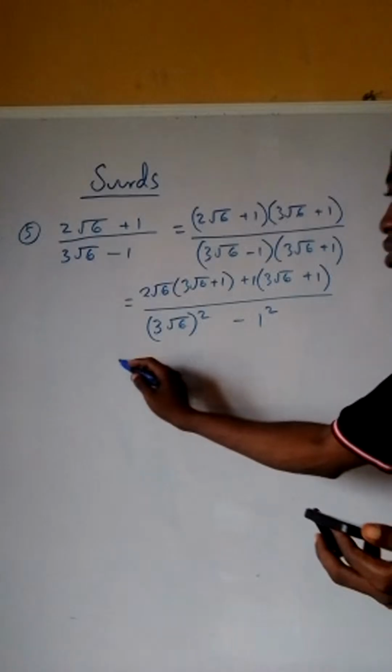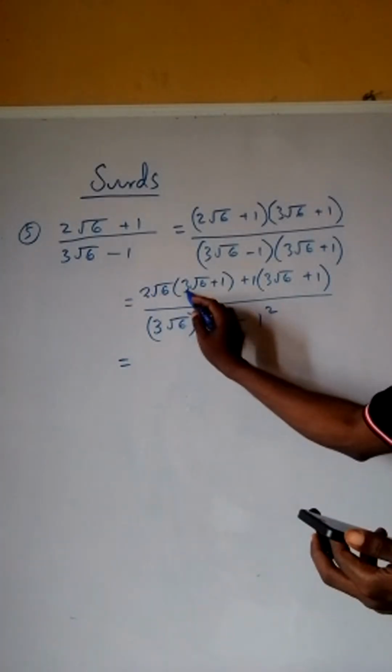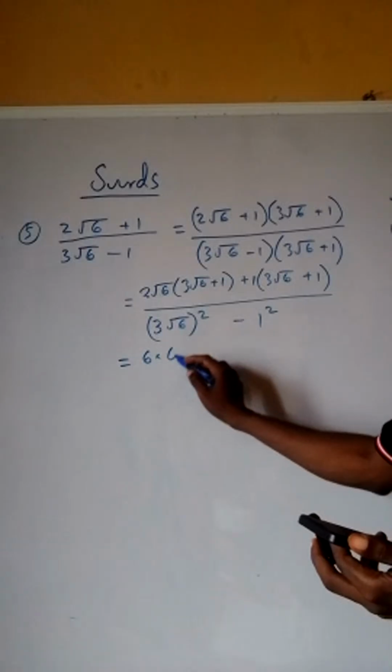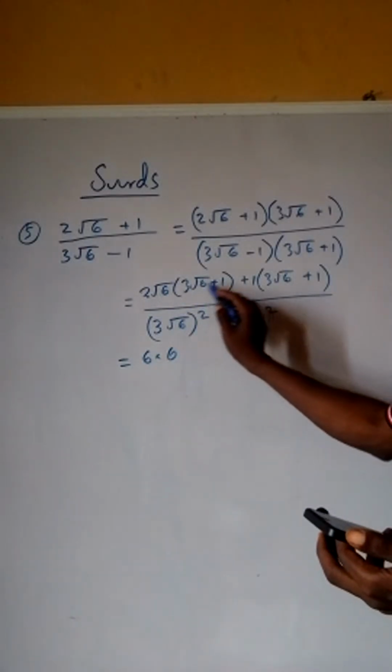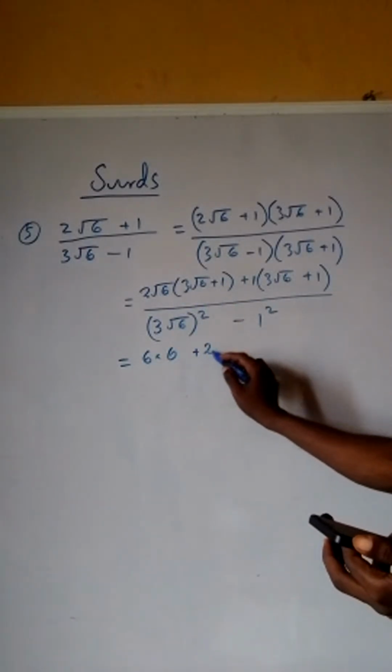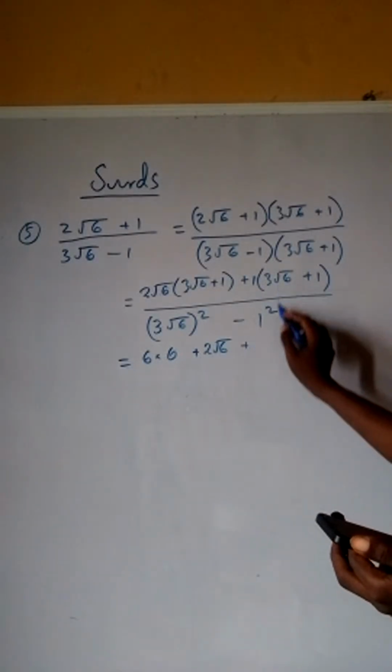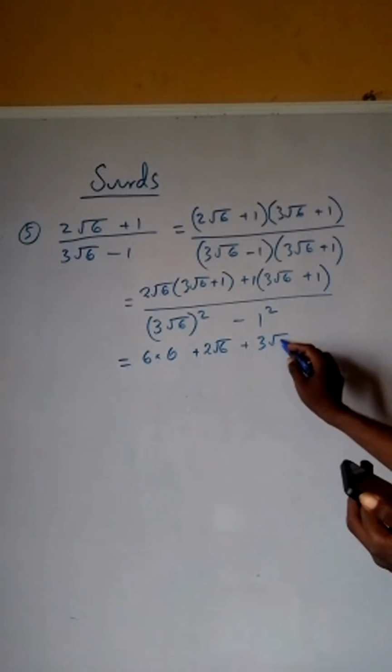So that here, 2 times 3 is 6, then root 6 times root 6, also 6, and 6 times 6 is 36. Then 2 root 6 times 1, that's plus 2 root 6. Then plus 1 times 3 root 6, that's still 3 root 6.